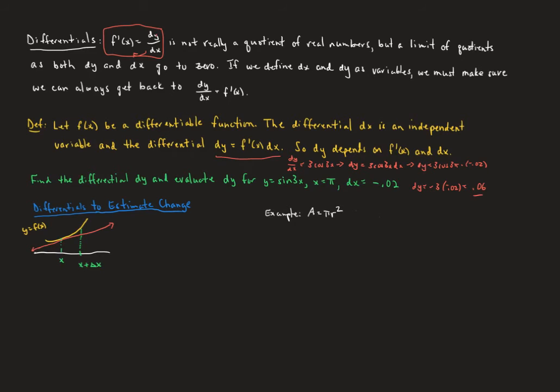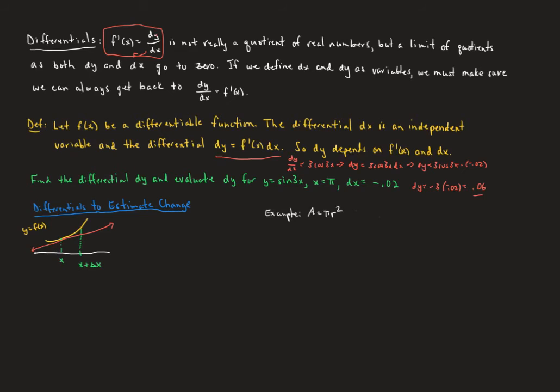Okay, now moving on to an idea of what we might do with a differential. We can use these differentials to approximate what we're going to call delta y. So in our diagram over here, we can see that we have our function y equals f of x in yellow. The green value x is a point on that curve. We've drawn the red tangent line to the curve at that point.